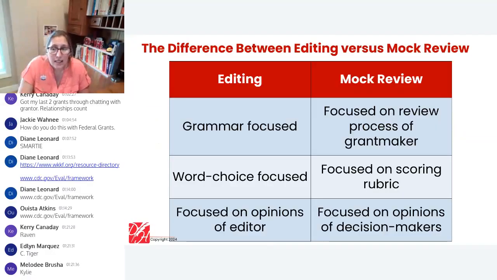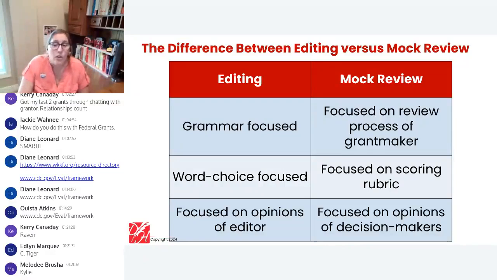This last idea, this is to say, when you're doing applications, the editing that's in that chart on the left-hand side, that is what you're usually asking of someone like Raven, someone like Kylie. Maybe a comma here or there, help them with word choice. Get rid of that in order to phrase. You don't need that there. Strike it through. And it is really about their opinion on clarity. But we need it. Don't get me wrong, we absolutely need it.